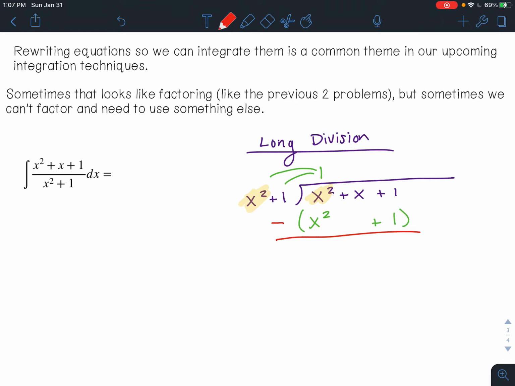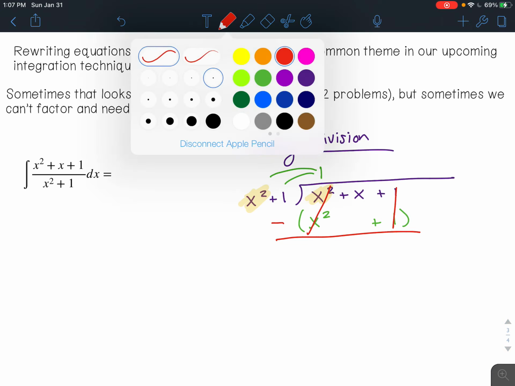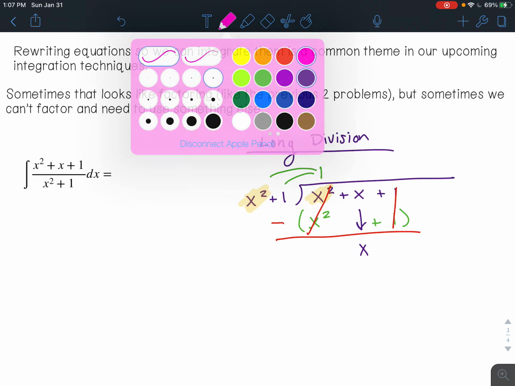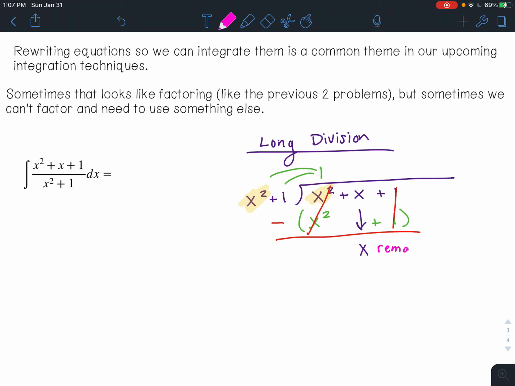So x squared minus x squared cancels out, and then 1 minus 1 also cancels out. The only thing that's left is x, and I can't make x squared into an x, so x is actually the remainder here. Maybe we remember this from Algebra 2.